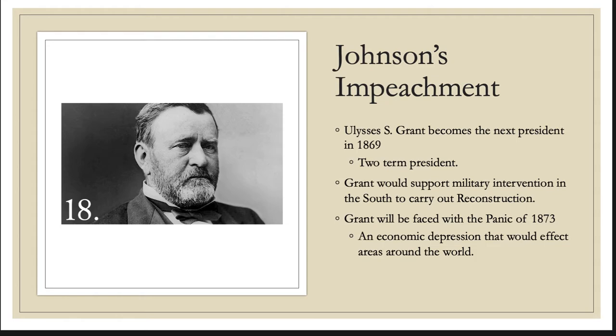Grant, you may remember, was a military leader for the Union during the war. He is going to be a two-term president. Grant, obviously, as a military hero, is going to support military intervention in the South to push to keep the South in line and carry out all the Reconstruction plans.